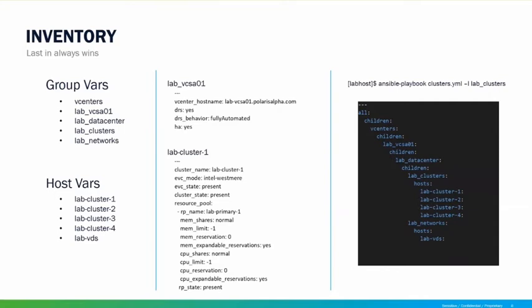So we want to make sure we have that turned on all the time, and we put that in a parent group because it's common amongst everything. We want that value to be the same for all of our hosts.